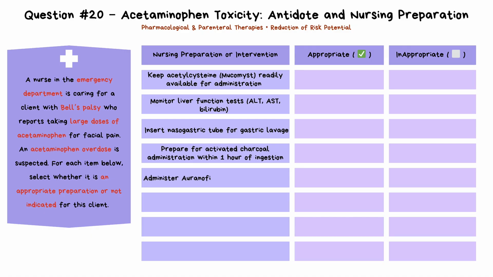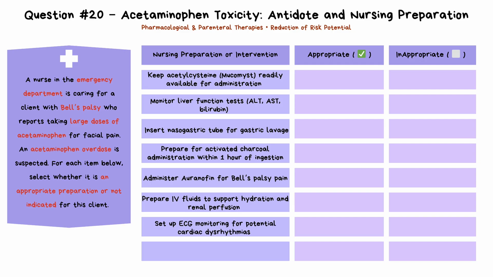Administer auranofin for Bell's palsy pain. 6. Prepare IV fluids to support hydration and renal perfusion. 7. Set up ECG monitoring for potential cardiac dysrhythmias. 8. Keep oxygen and suction equipment at the bedside.